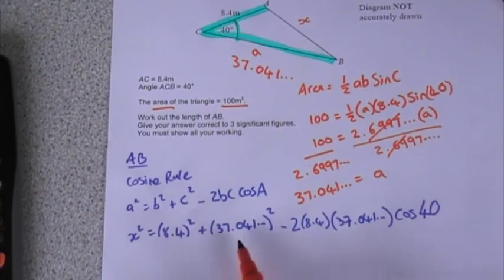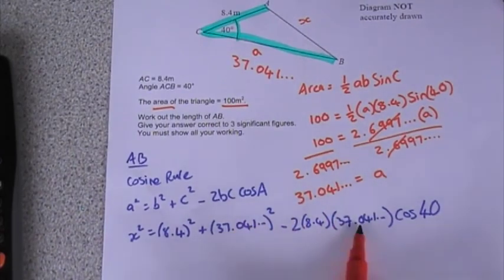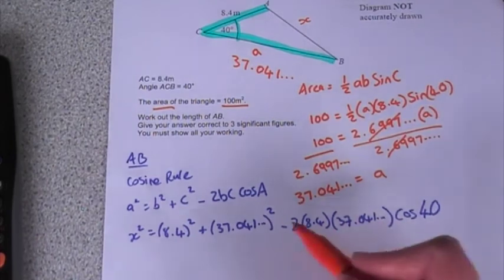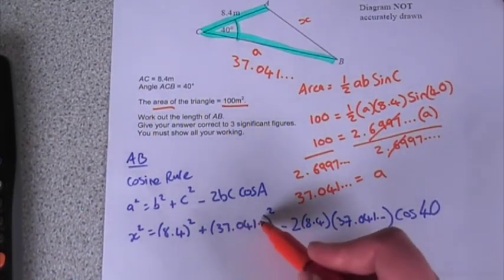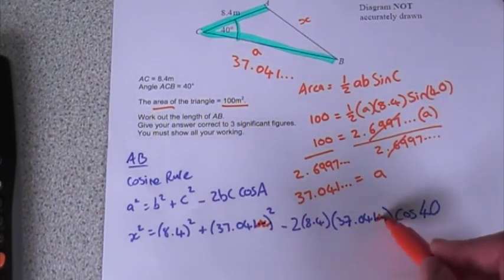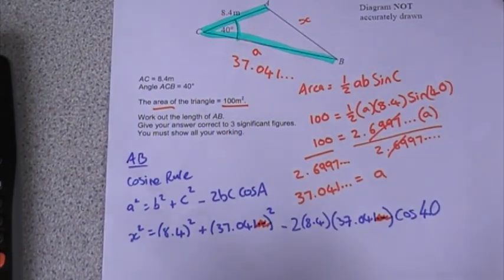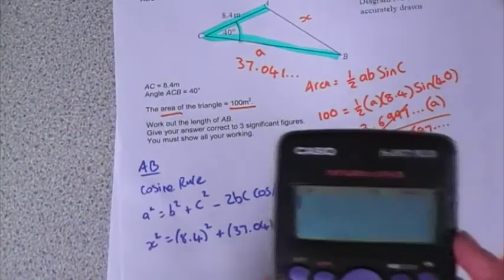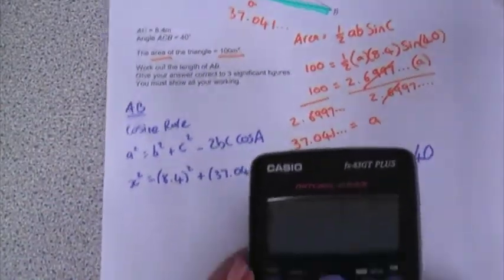Now that's really messy, and in fact it was unnecessary for me to keep those as they are. So I'm going to go ahead, before I type this in the calculator, and just call it 37.041. Okay, so I'm not going to worry about pressing answer on this. Alright, so now I'm going to type this long sum in.